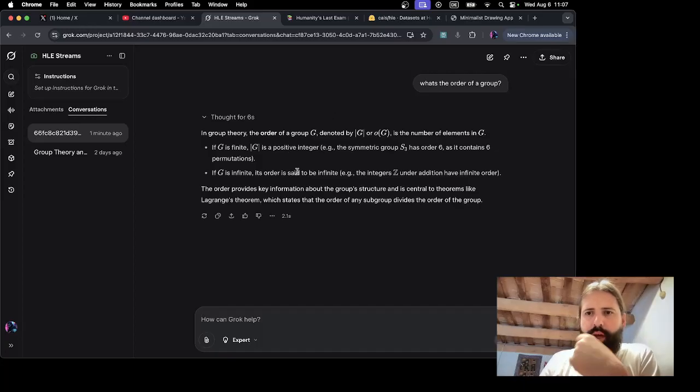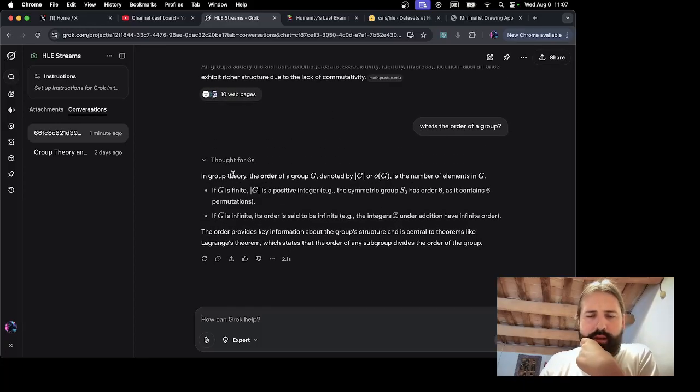It's the number of elements. Okay, I suspected it was something like this. It could be finite or infinite. The symmetric group S3 has order 6, as it contains 6 permutations. The order of a group is the number of elements in G.